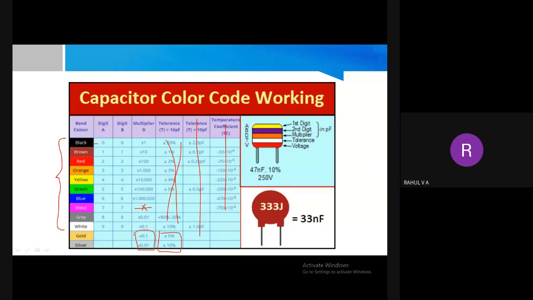And if you see a capacitor coded with color, or if there are bands on the capacitor, you understand that it is the same as resistance. The first band is the first digit, the second band is the second digit, the third band is the multiplier, the fourth band is again tolerance, and the fifth band is voltage. What is the maximum voltage it can withstand?